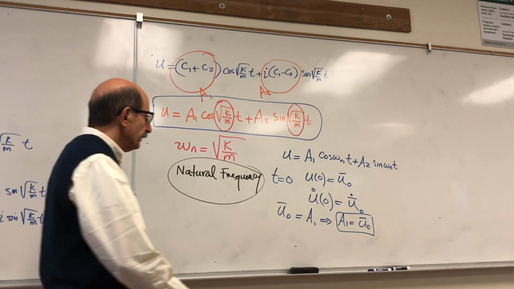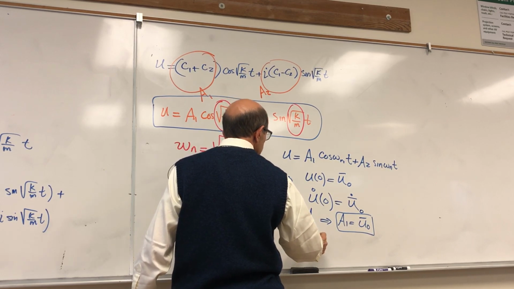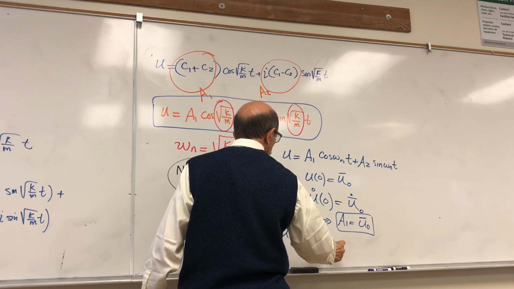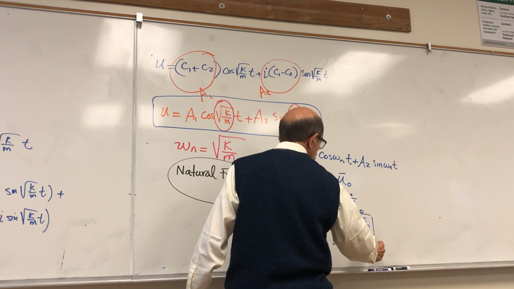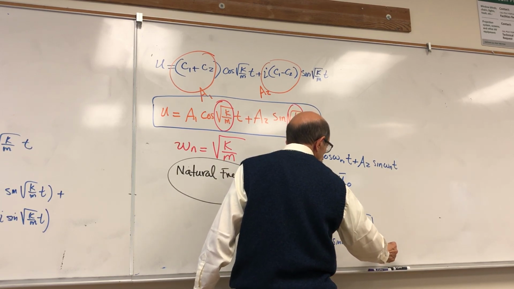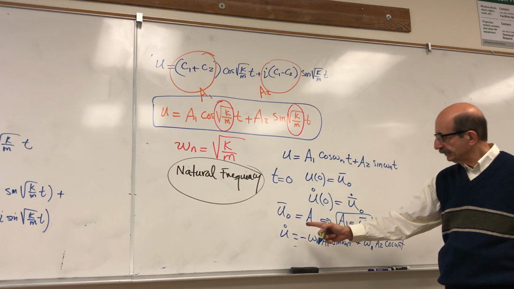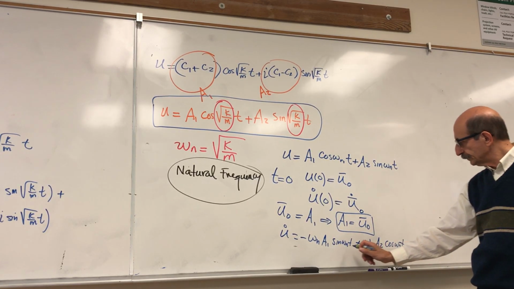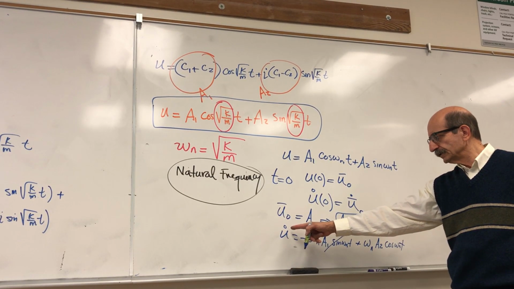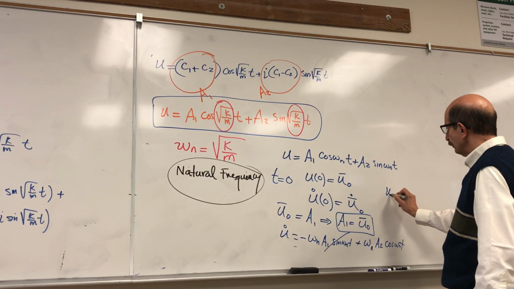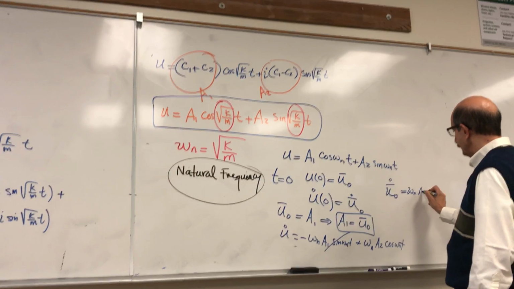If you take the derivative of this, u dot would be negative omega n A1 sine omega n t plus omega n A2 cosine omega n t, and equate time equal to 0. The sine would be 0, the cosine would be 1, and u dot at time equal to 0 is u dot bar naught. So this would be omega n A2.